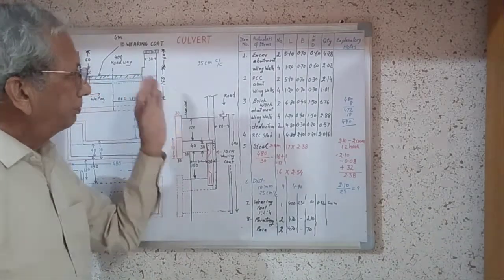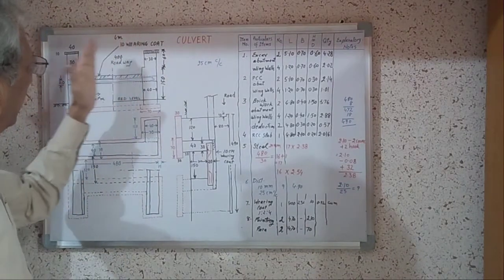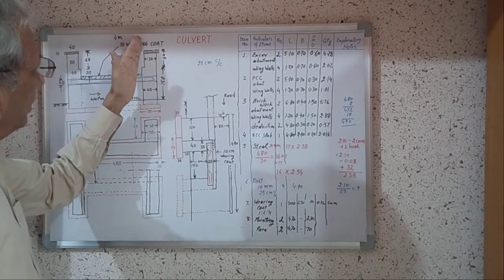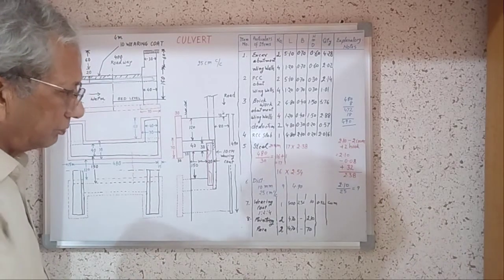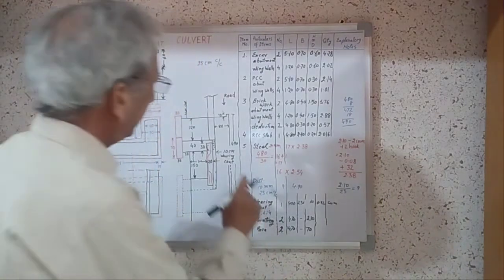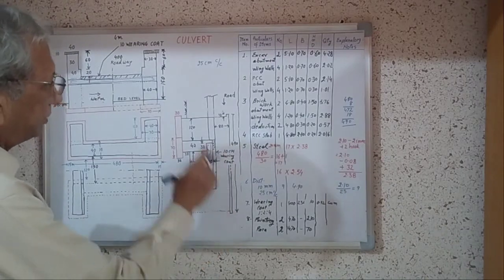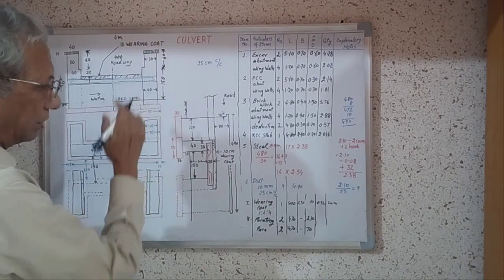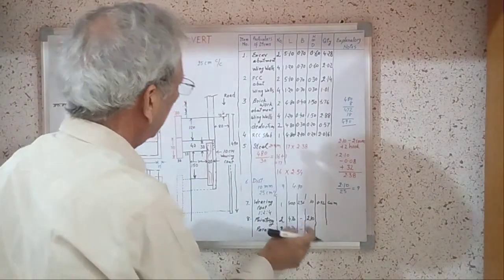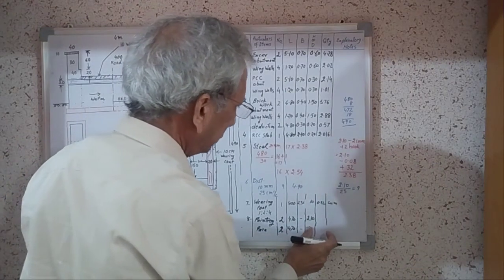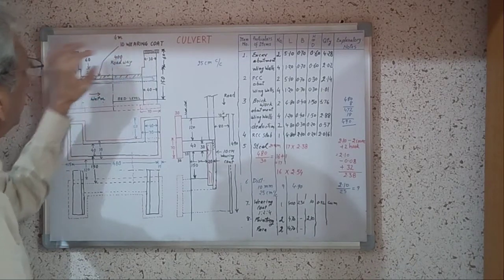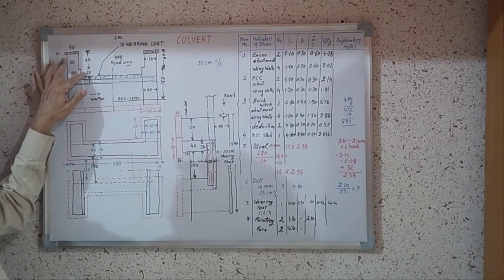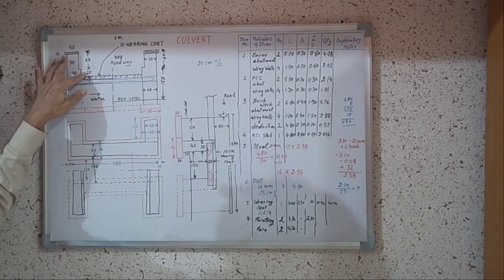For the inside of the parapet, there are two numbers, 1 and 2, where pointing will be done. Now, this is 2 number and the length will be the same, 470 as we have taken for the face wall. That is 470 and width will be 0 and height we will take 60 plus 20, that is 80.